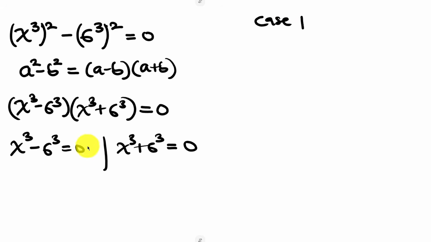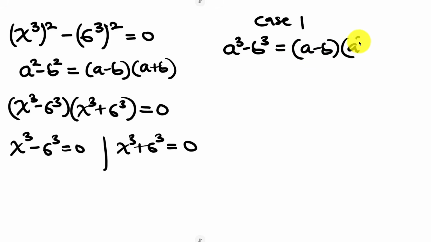So for case 1, we see that this has a difference of two cubes. Difference of two cubes has this identity. For example, when I have a cubed minus b cubed, this can be expressed as a minus b times a squared plus ab plus b squared.